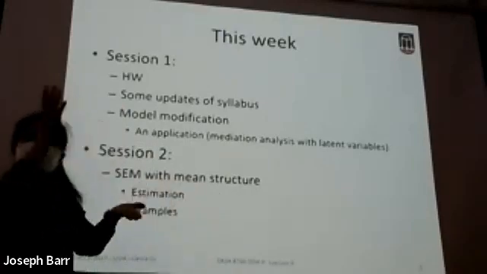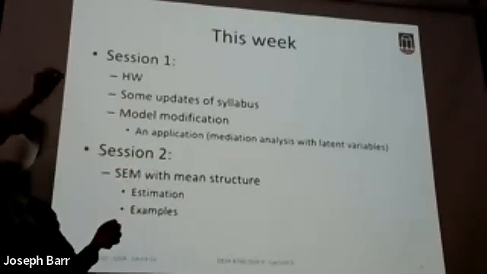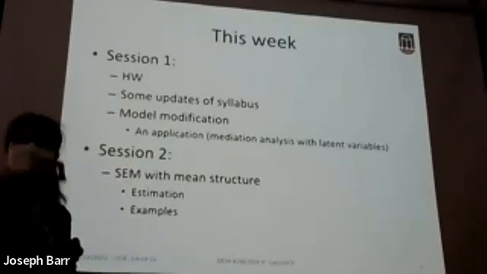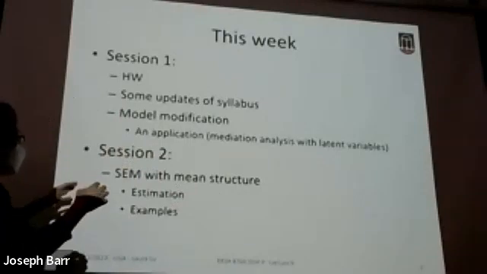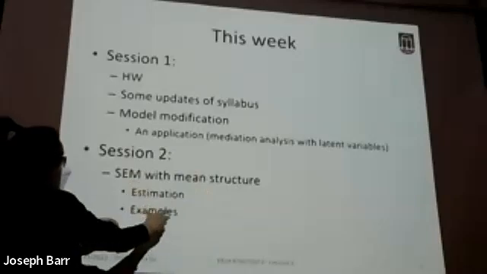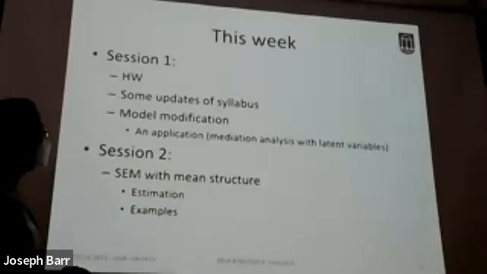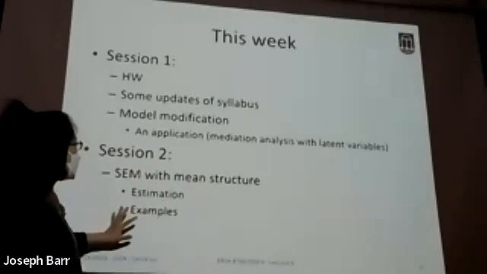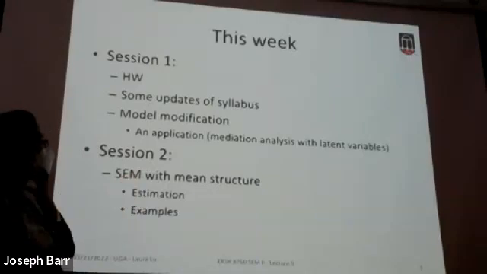So far we haven't talked about the mean structure; we just looked at the covariance part, the capital sigma, which is the model-based covariance matrix. Now we're going to add another component into the SEM, which is the mean structure. We have some estimation and some examples. I don't think we can cover this part today. If we don't have enough time, we can just continue next week.